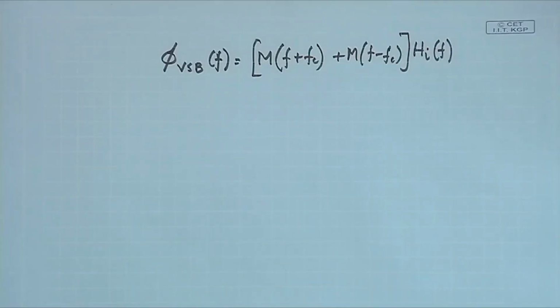Now, this is my modulated signal. Because VSB and SSB look almost similar, my demodulator should be almost similar. If I do not add a carrier, it should be something like this.